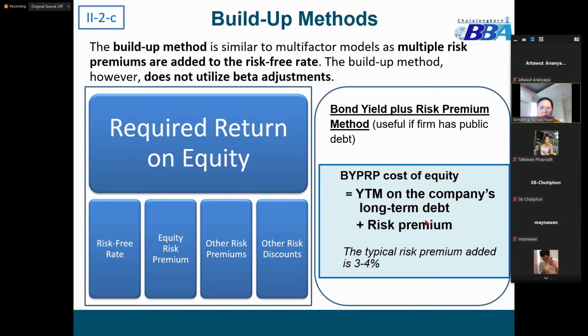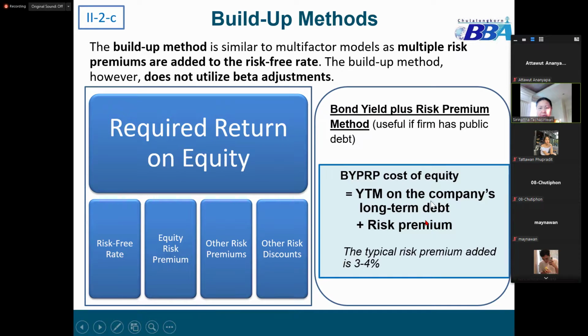And the one that is more frequently used under the build-up model is the so-called bond yield plus risk premium. When we talk about bond yield here, it is not the risk-free rate. It is the yield to maturity of the company's long-term debt.